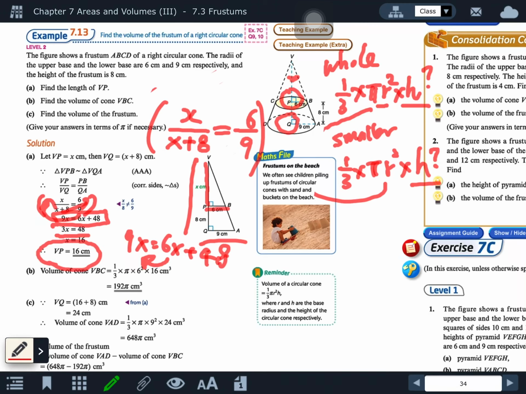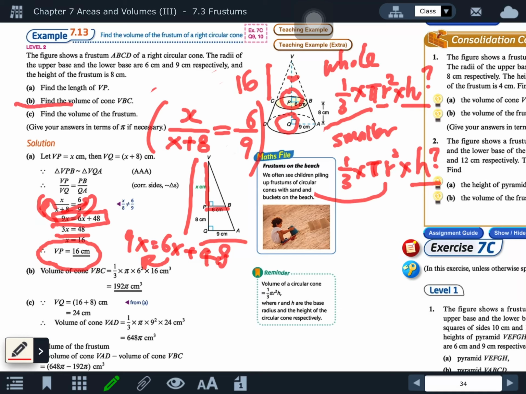Okay, after this part, we find out the length of VP is 16. And so, we can find out everything we want in these two equations, no matter for the whole part or for the smaller part.